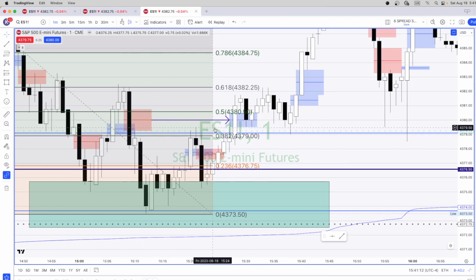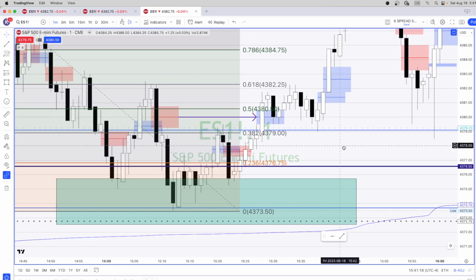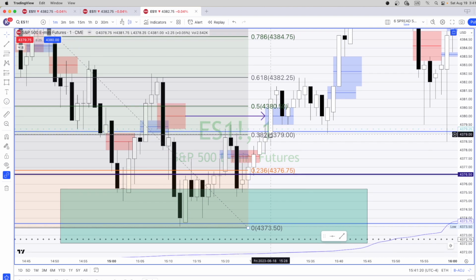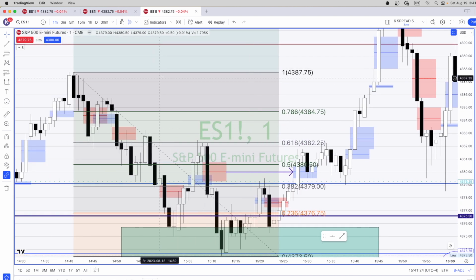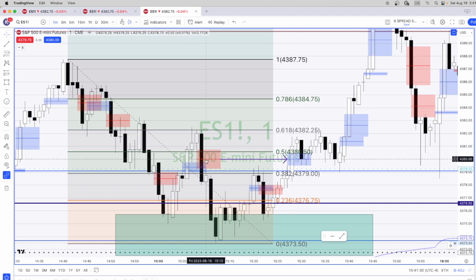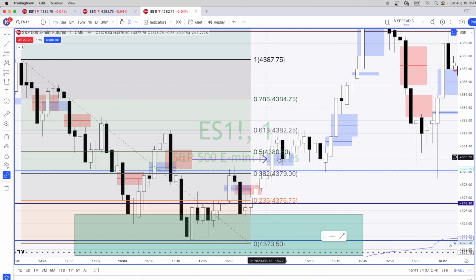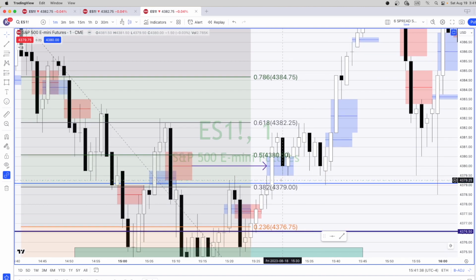There was a defender that was basically a big block of sellers that got out, and it just disappeared off the order book. That's when you knew it was probably going to retest that high here. There's a lot of buy support in the sense that all these shorts started to get out of the way and they didn't defend their price anymore. You can see it test a few times here.